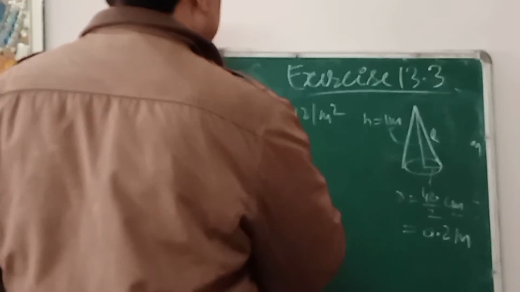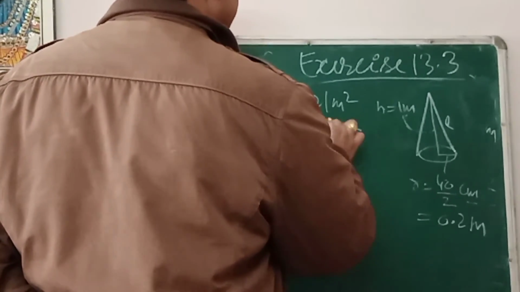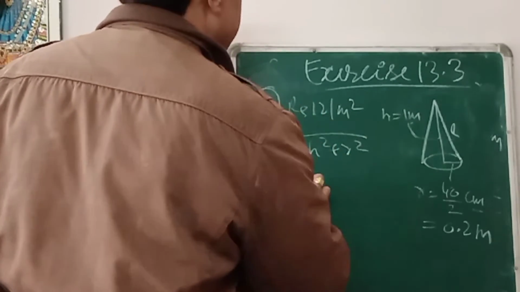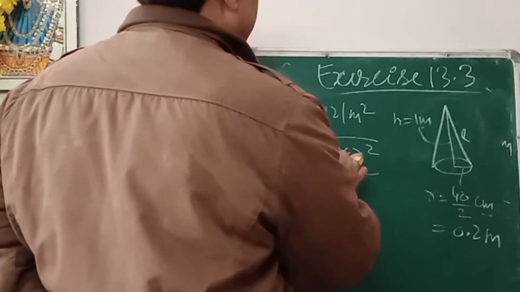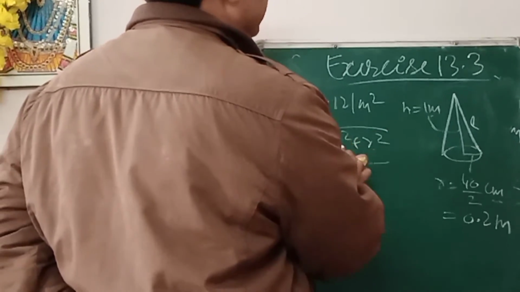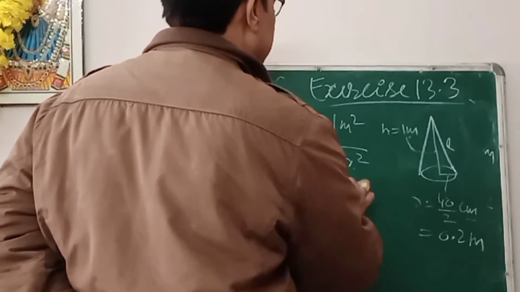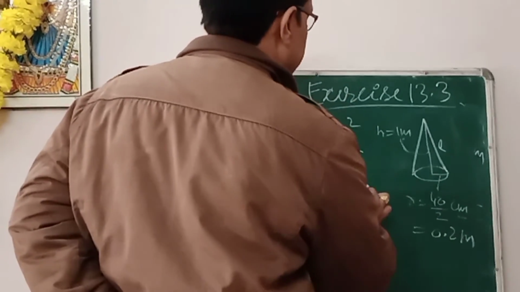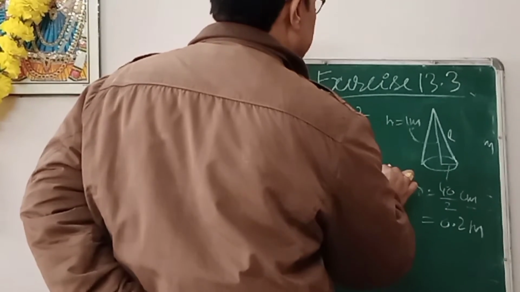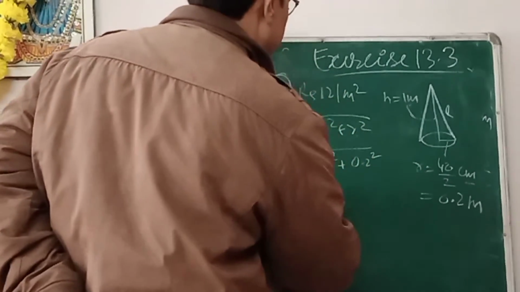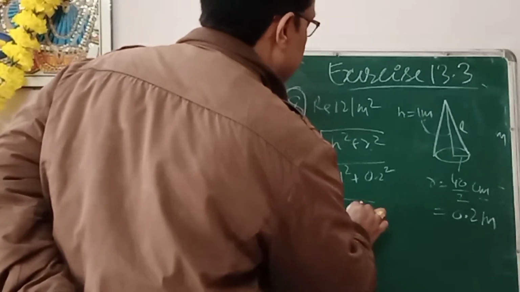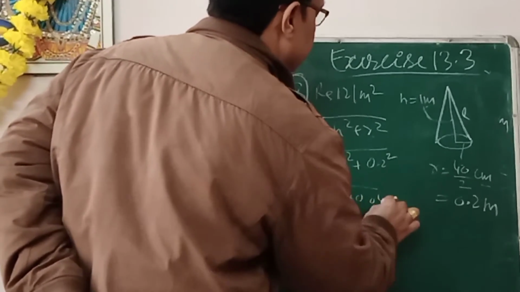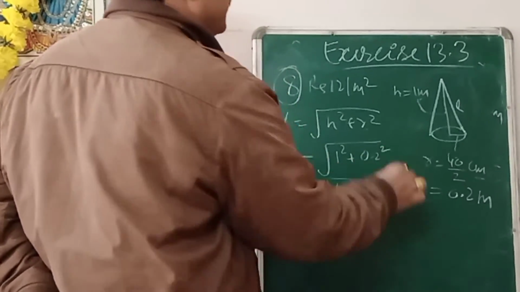So what is L? L is under root H square plus R square. What is H? 1 square plus R square, which is 0.2 square. So this is under root 1 plus 0.04. This is 0.2 into 0.2.